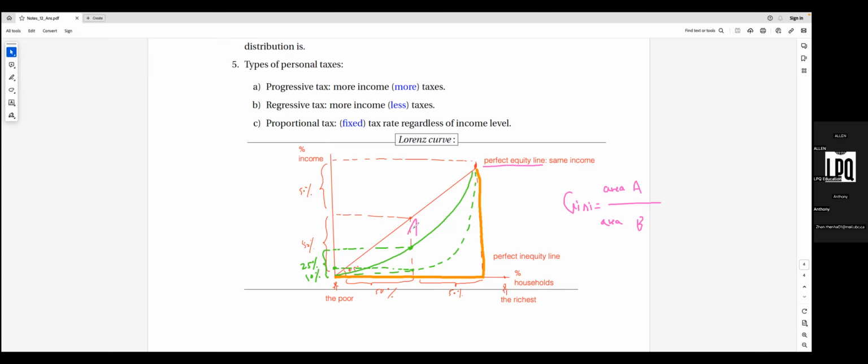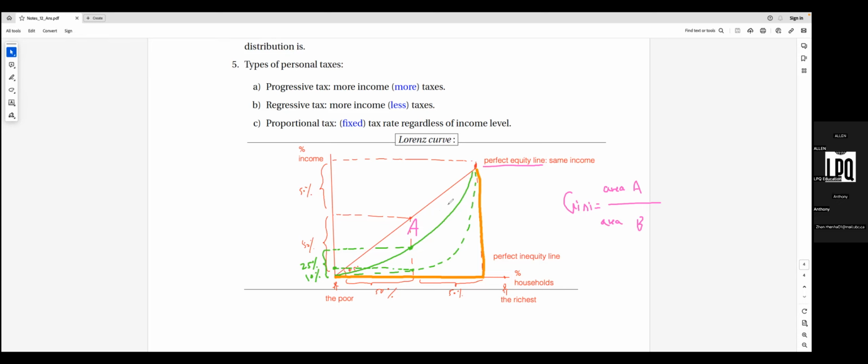If the currently observed Lorentz curve is the first green line here, area A is the area between these two curves.